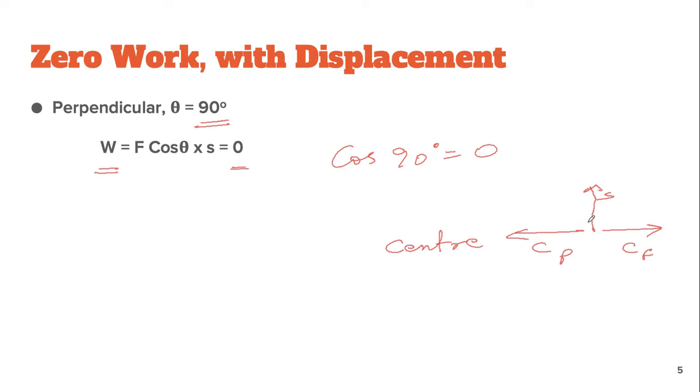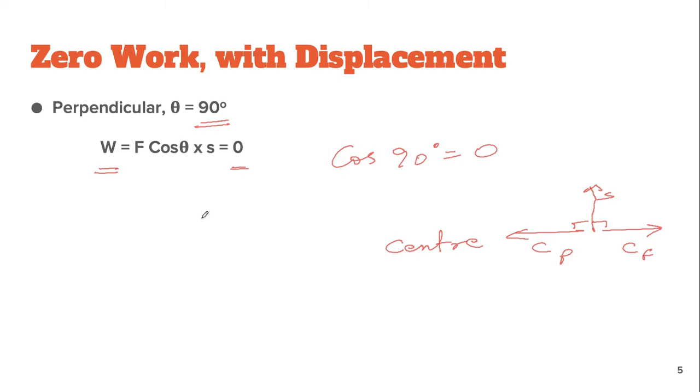So you see, the angle between them is 90 degree. In this case, although the object is moving, the work done on the object is said to be 0. So whenever the force and displacement are at 90 degrees to each other, that is, they are perpendicular to each other, we can safely say that the work done is 0.